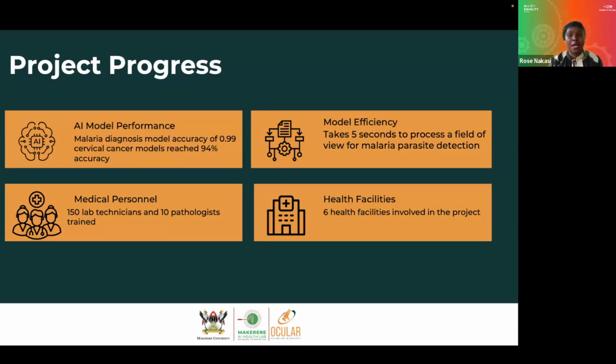Contrast that with the time that the experts have been taking, which is more than 30 minutes to give a diagnosis, we are seeing Ocular providing that efficiency in terms of time, but also in terms of accuracy in the diagnosis. So this is going to support the clinicians, the lab technologists at the points of care to provide quick and more reliable diagnosis to the patients.